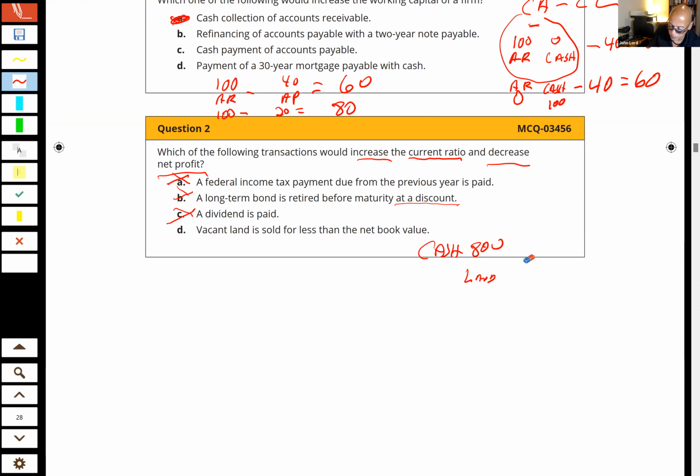So the land would be, in this example, 1,000. Okay, so I'm going to have to debit loss 200, and that's going to decrease my profitability while increasing my current ratio because what? Now I have more current asset cash, and the liability section of the current ratio is not affected by that transaction.